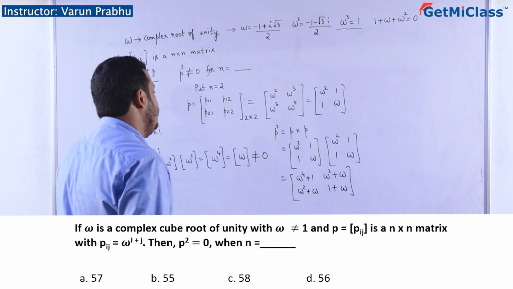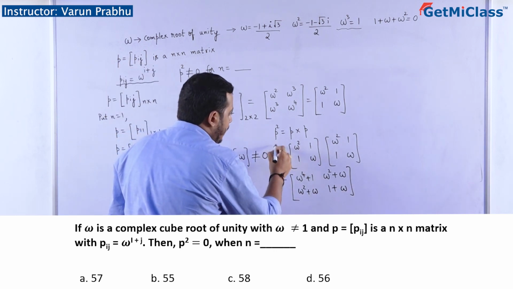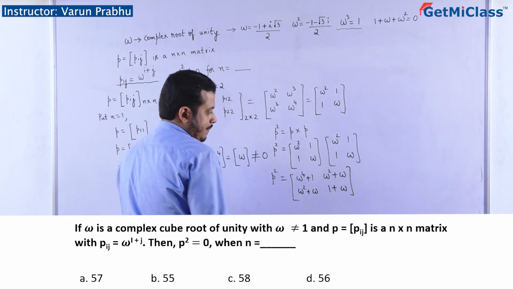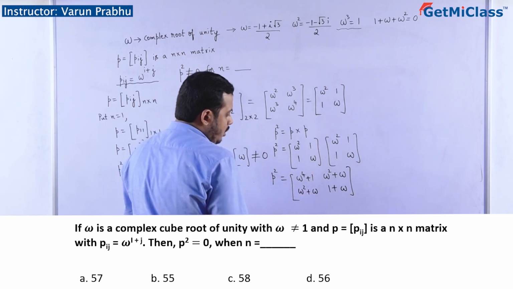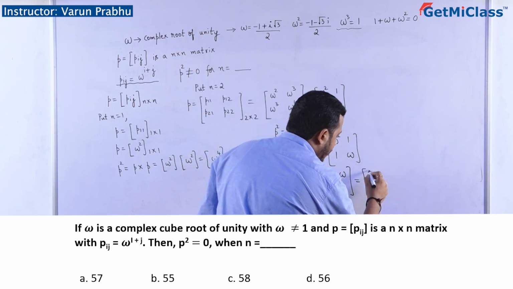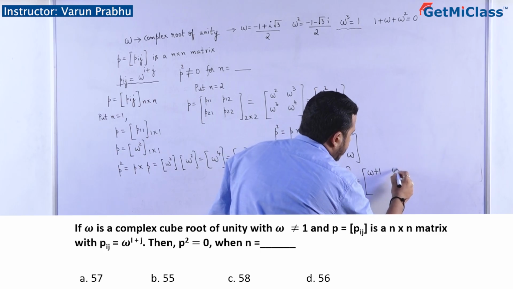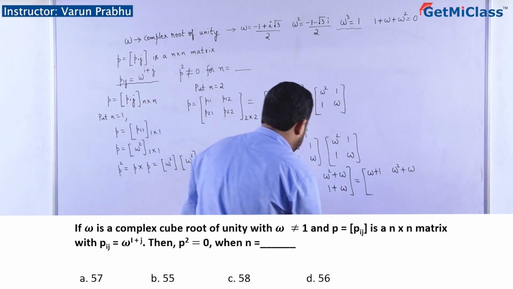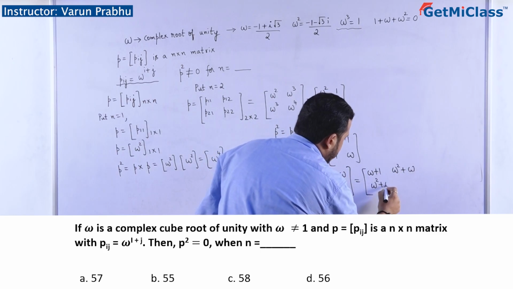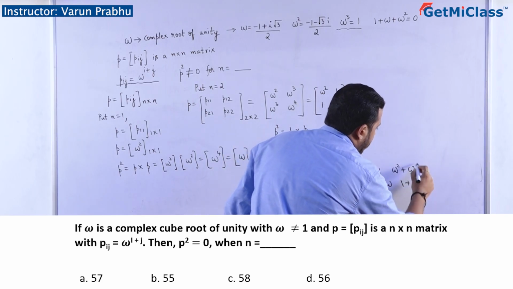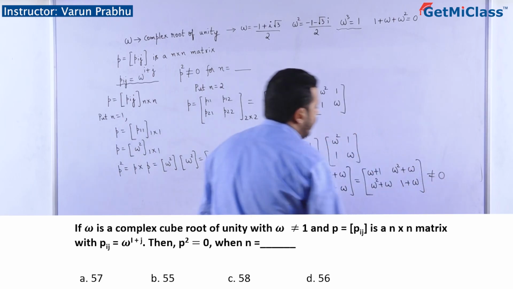This is P square. So omega to the power 4 plus 1 can be written as omega plus 1. This is definitely not equal to 0.